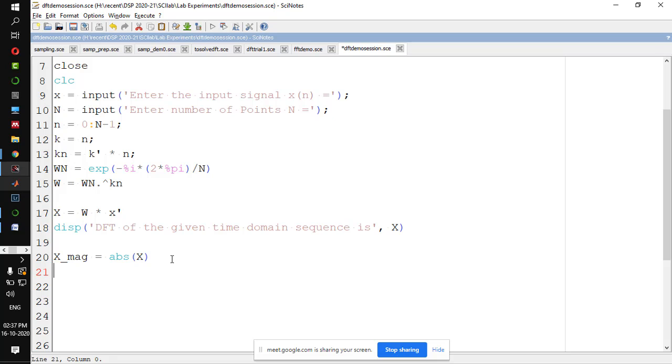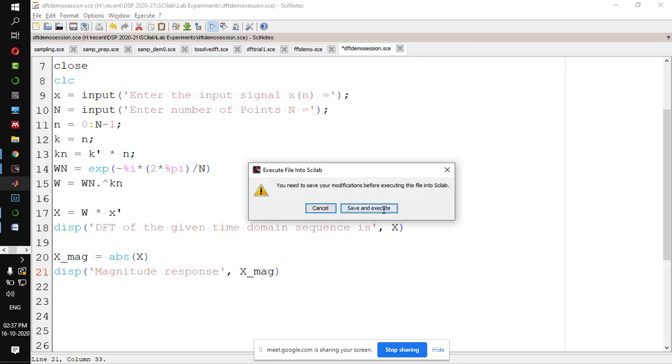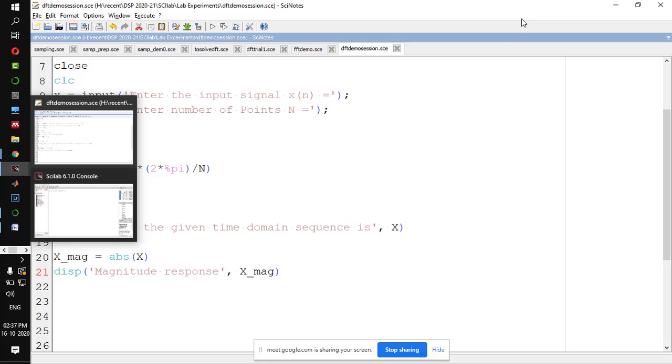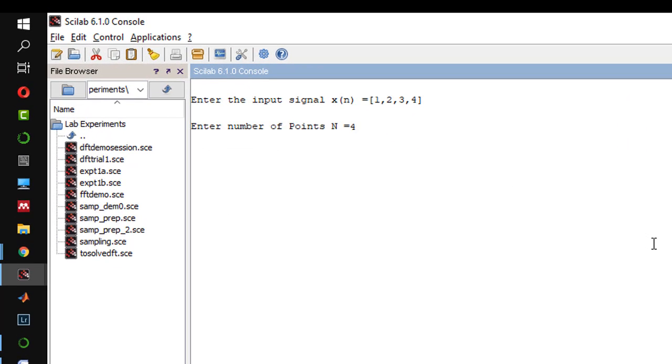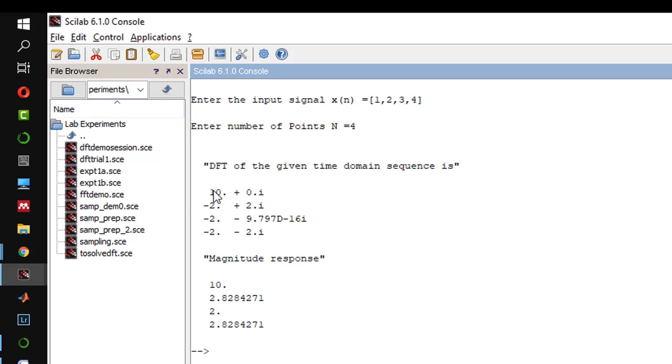Now I'll display it with a message saying magnitude response, comma, and it is in capital X underscore mag. Before that, let me just run it and I'll show you what's happening. Let's save and execute. Okay, so DFT is 10, minus 2 plus 2j. So this is fine.